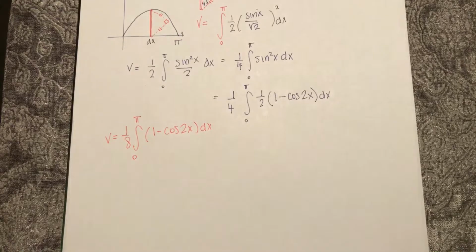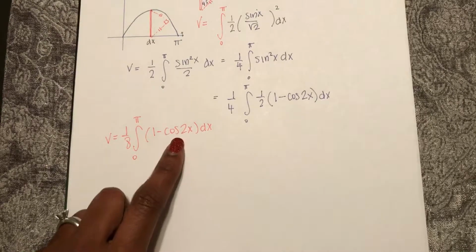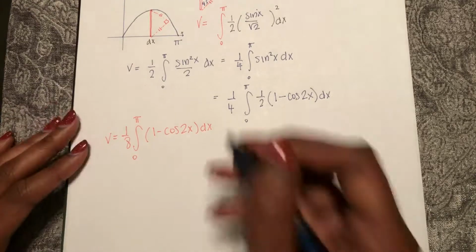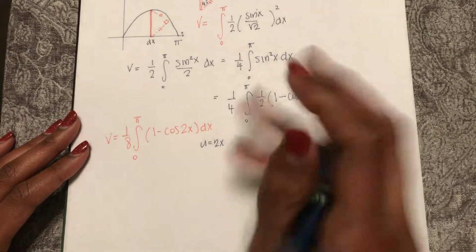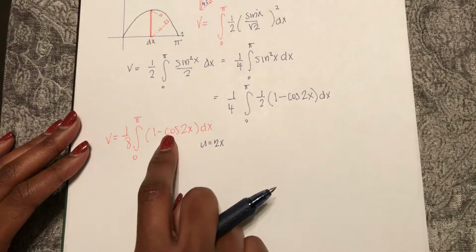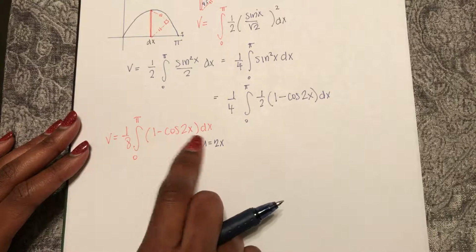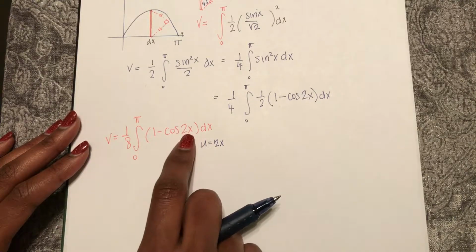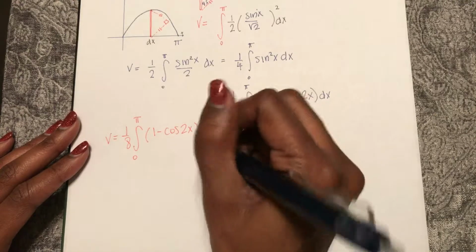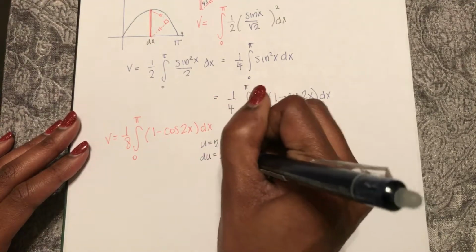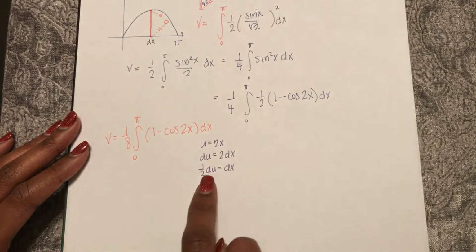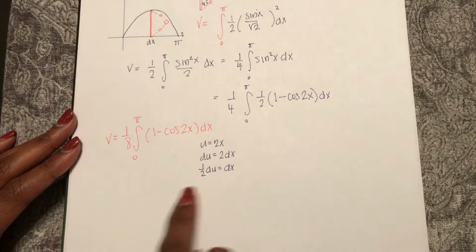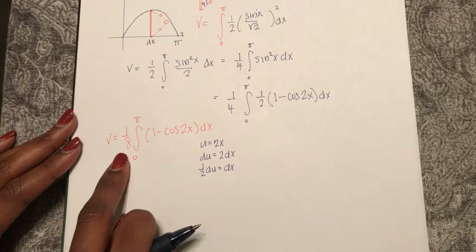So we do know the antiderivative of 1, but we don't know the antiderivative of cosine 2x. So I am going to let u equal 2x, because then we'll have cosine of u, and we do know that antiderivative. So that makes du equal to 2 dx, or 1/2 du equals dx. So this 1/2 is going to end up coming out in front.